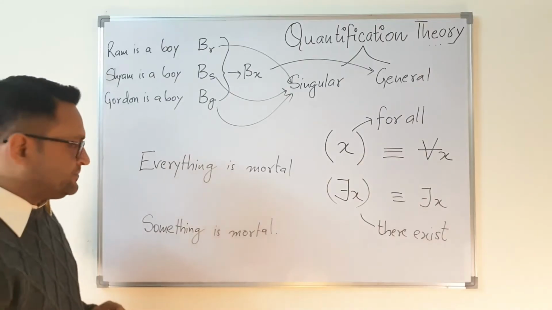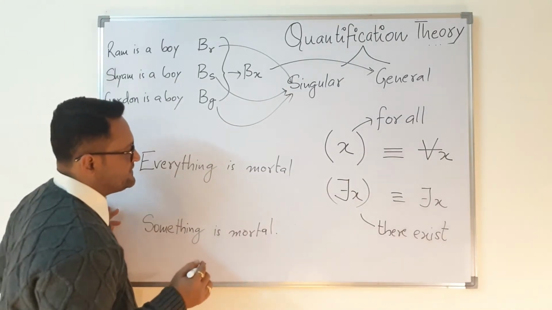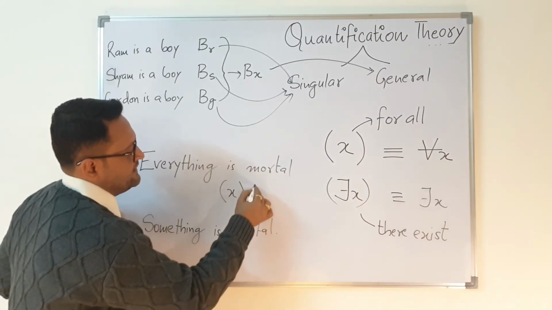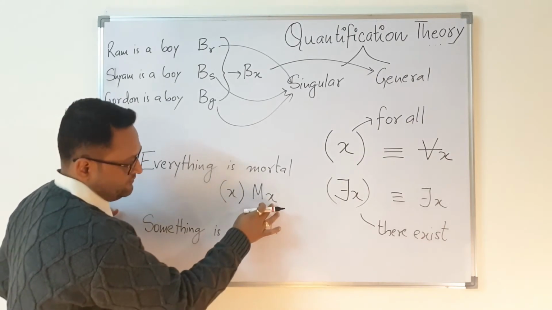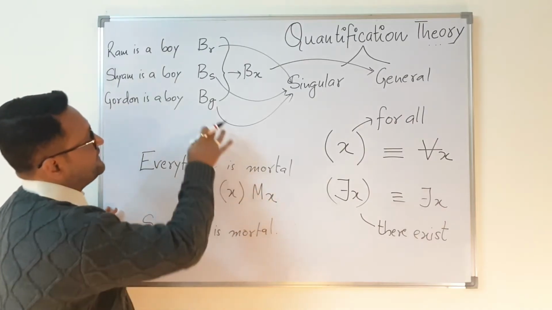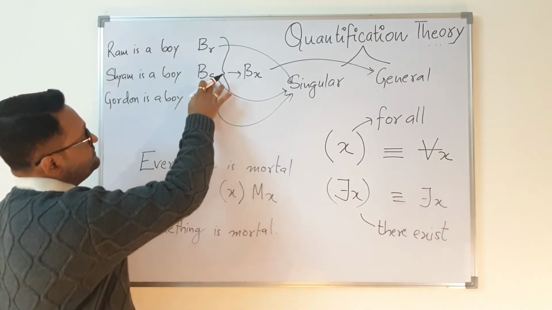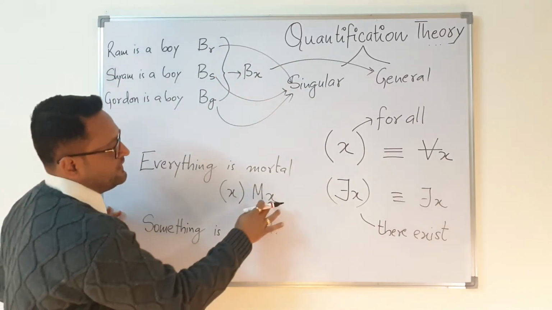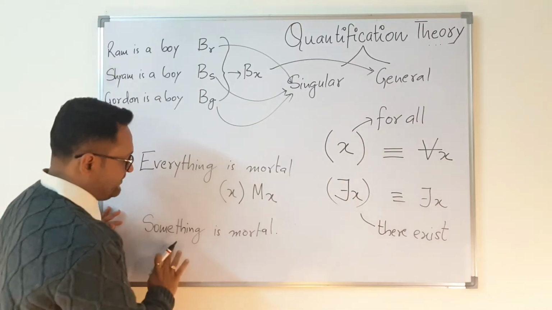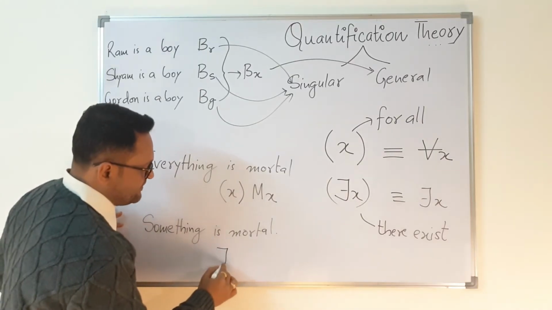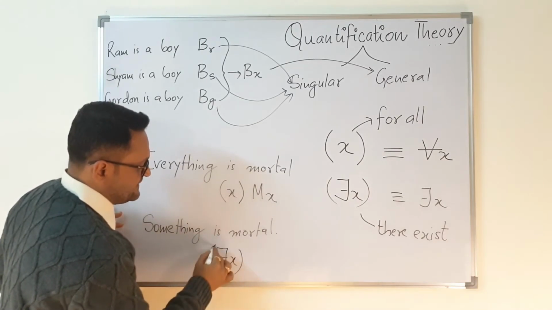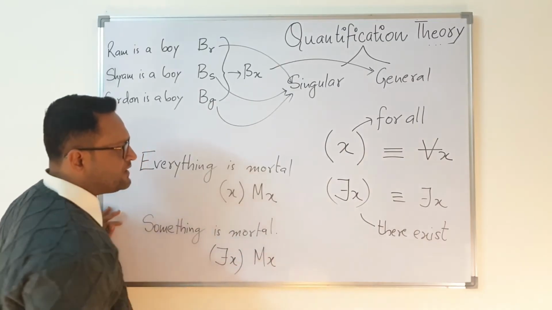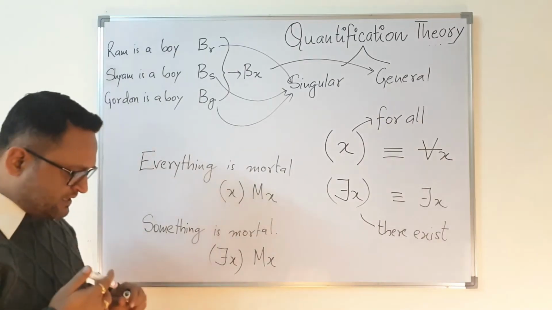For 'everything is mortal', the symbolization will be for all X, X is mortal, because we say X is mortal, right? Like Gordon is a boy, Sham is a boy, Ram is a boy, X is a boy. So X is mortal, right? And when we say 'something is mortal', our symbolization will be there exists X such that X is M, right? So these are quite simple symbolizations to start with.